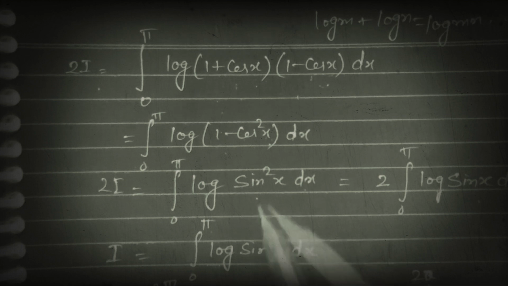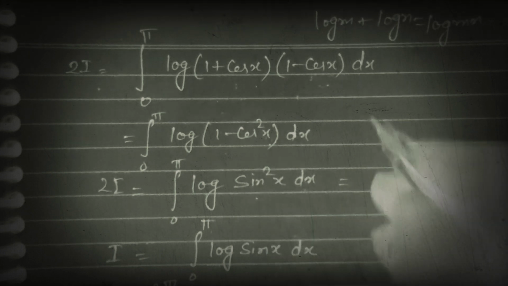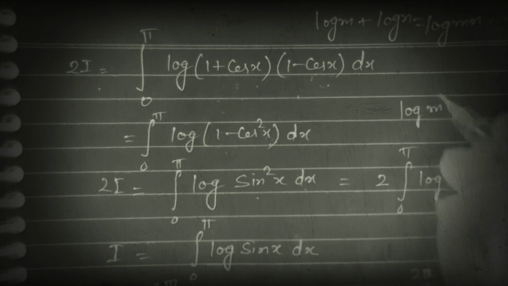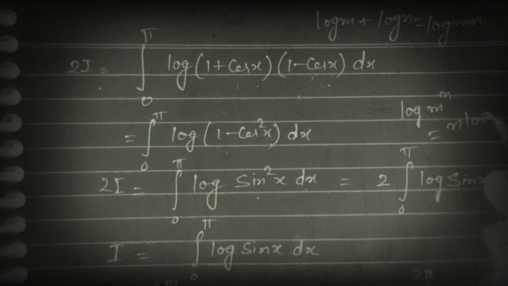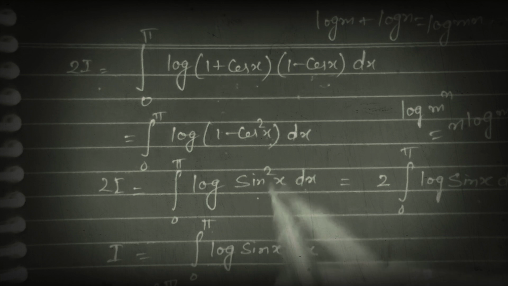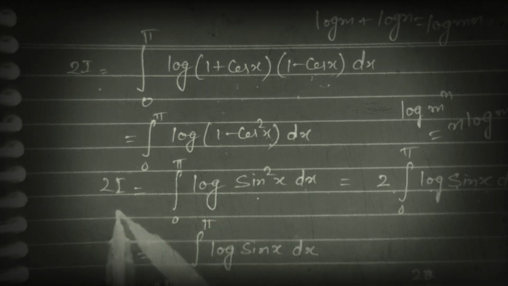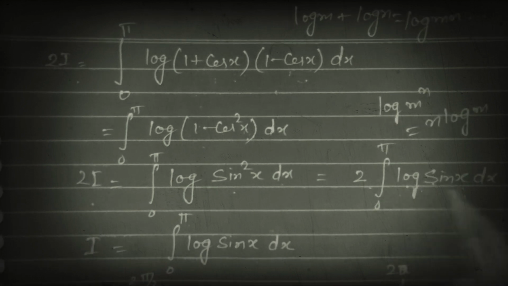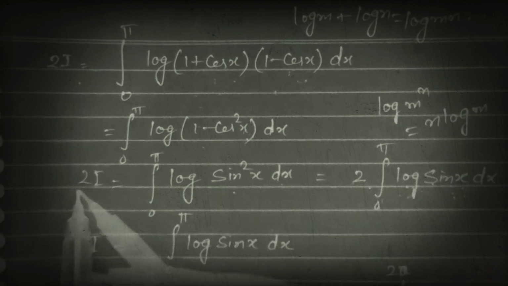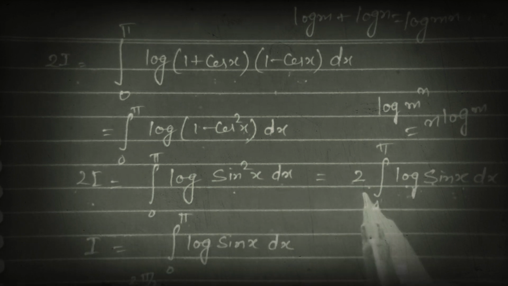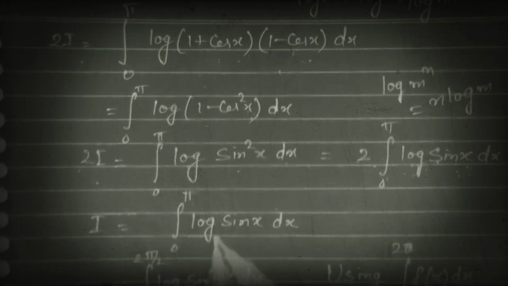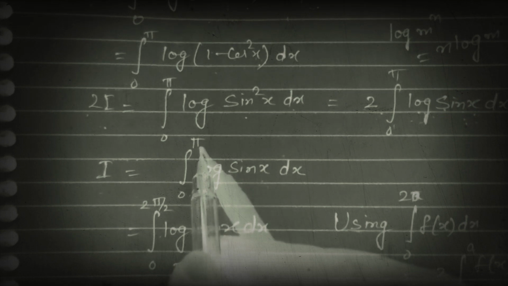Now it is log m square. आपको पता है log m raised to power n क्या होता है, n log m. So same here, it is whole power 2. पावर आगे आ जाएगी. It is 2 log sin x. 2I is equal to 2 into integration of log sin x, limit is 0 to pi. 2 cancels with 2. 2I is equal to double of this, so I is equal to integration of log sin x, limit is 0 to pi.